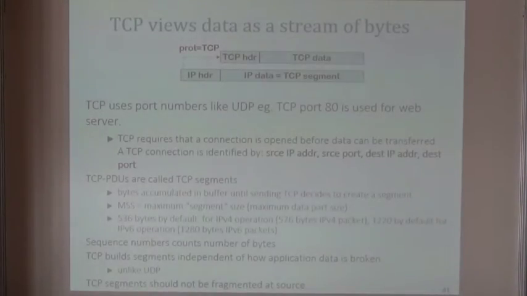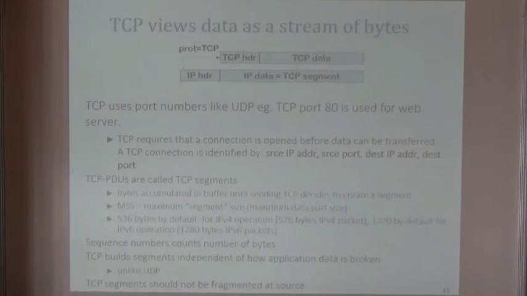For example, UDP has a maximum message size of 64K. If the message is larger than the IP packet size, it will be fragmented. Multiple IP packets will be created. With TCP, this is forbidden. With TCP, if the application makes a write of 10,000 bytes, then TCP will create packets that are small enough to fit in the IP packet.